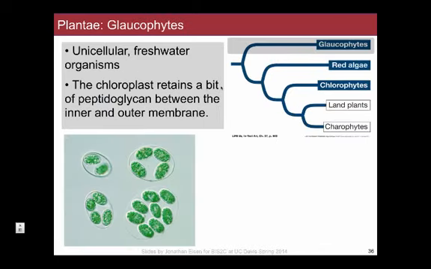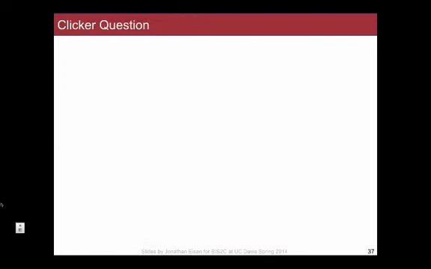The first lineage, of which there isn't a lot known about many members, although a few are well studied, are called the Glaucophytes. The chloroplast in the Glaucophytes has peptidoglycan in it between an inner and outer membrane. That should tell you something about the history of these chloroplasts, and that will be the basis of another clicker question related to peptidoglycan.